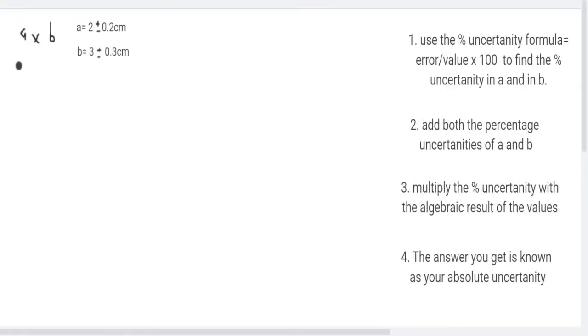Let's do this question, A times B. And will I use percentage uncertainty or absolute uncertainty? I would use percentage. Why?